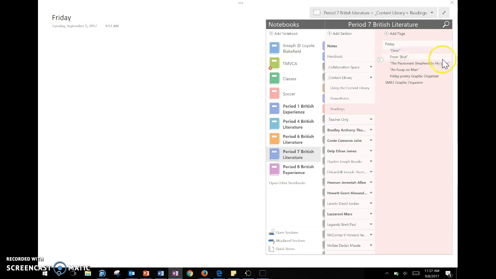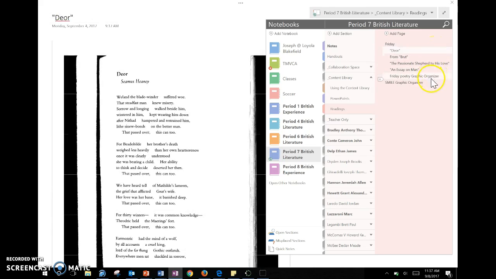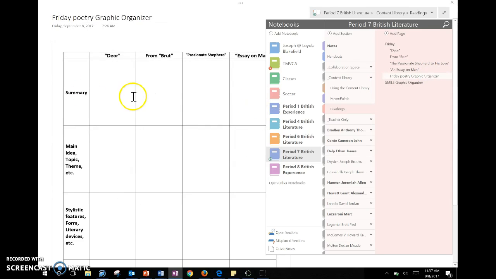I split them up into 4 separate groups, and what the students were able to do is, on their computer, some of them were sitting next to their partners, some people were sitting across the classroom from their group, and they were able to read the specific poem that they were supposed to read as a group, but then also connect, and they had their shared graphic organizers that they could write in, edit in, etc., and that would be shared not only amongst that group, but then could be pushed out to the rest of their colleagues.